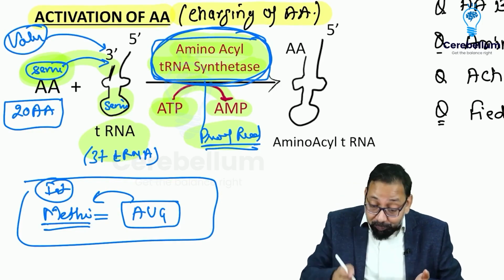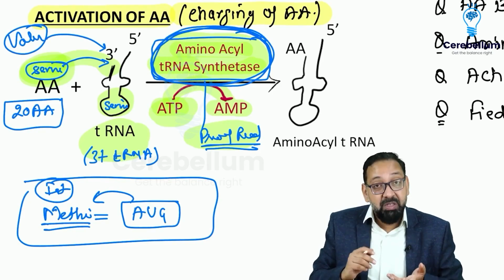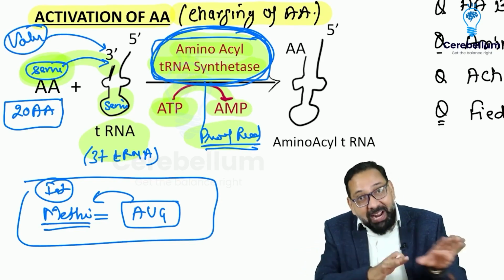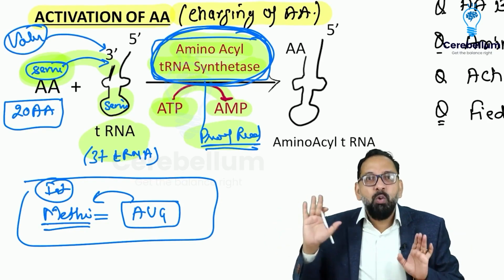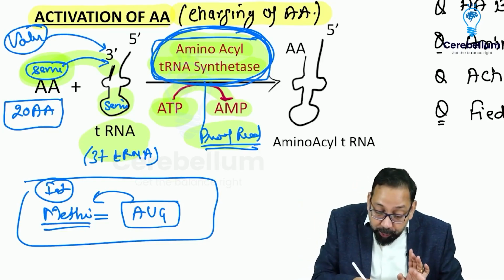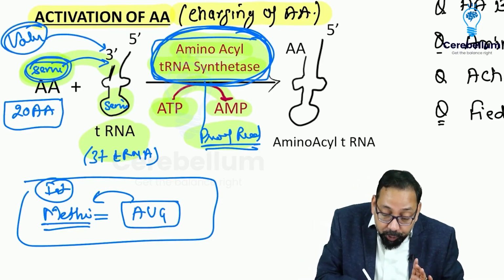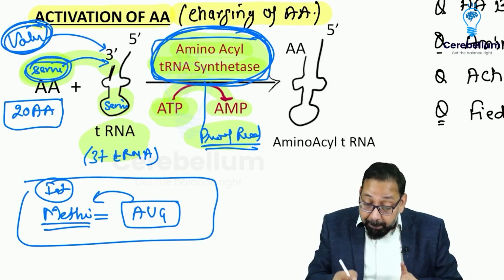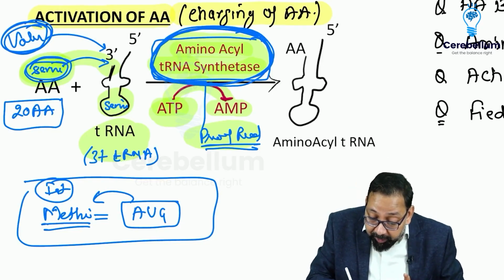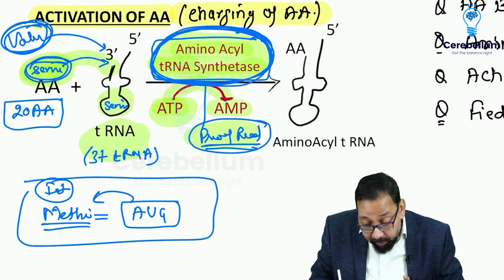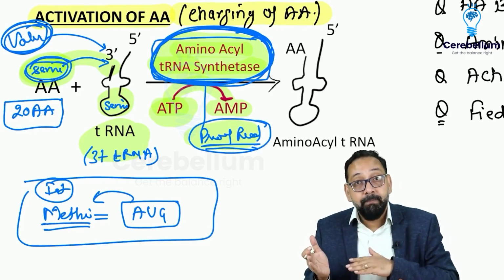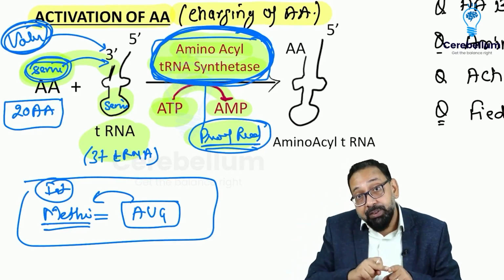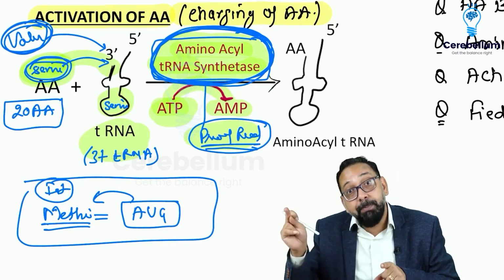But if this driver, aminoacyl transfer RNA synthetase, forgot to correct it, then abnormal protein will be produced where you should join serine, there would be joining of valine. So if this aminoacyl transfer RNA synthetase fails in proofreading, then abnormal protein will be synthesized. In place of serine, valine will join in protein.